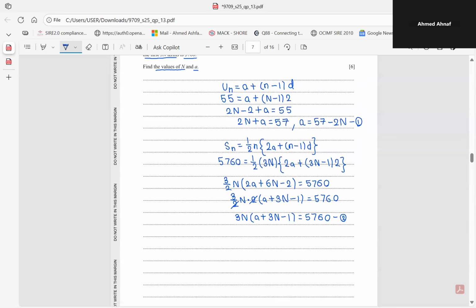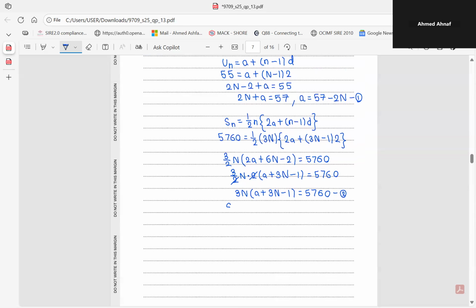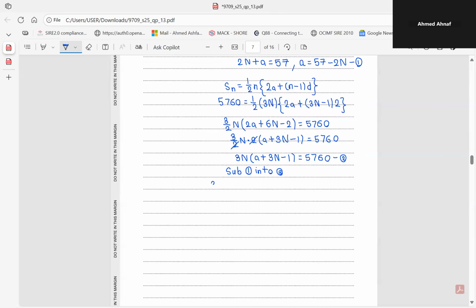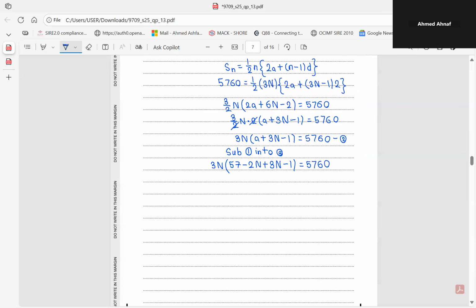Since we have one equation in terms of A, we can substitute the first equation into the second equation. So this will be 3 big N times 57 minus 2n plus 3n minus 1 equals 5760. Simplifying this would be 3n times 57 minus 1, that's 56, plus 3n minus 2n, that's n. And that equals 5760.